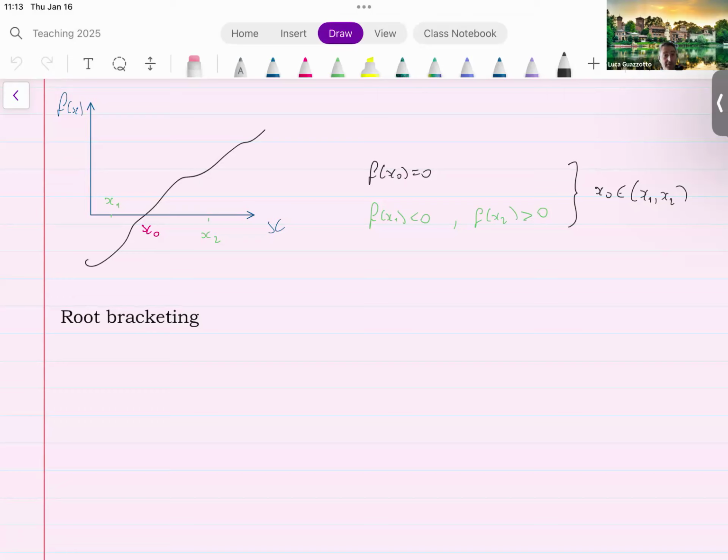So that's kind of brute force. If you don't have any better idea, if it's a physics problem, you may have some ideas.